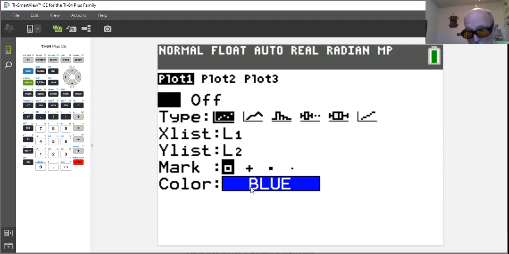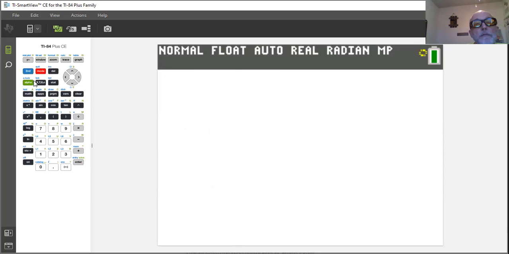Mine's color, so yours may not be color, and I get to choose from big dots, plus signs, or baby dots. So that's what this screen does for us. All we have to do is turn it on and make sure that you're list 1, list 2, and dots. That's what you want. So we're going to second quit, get right out of there.